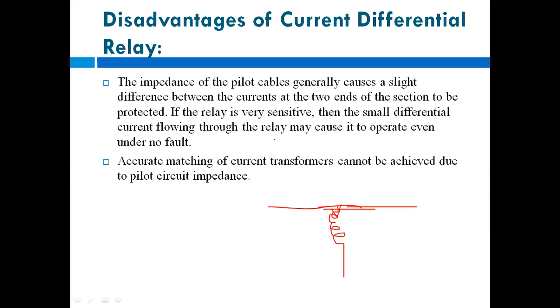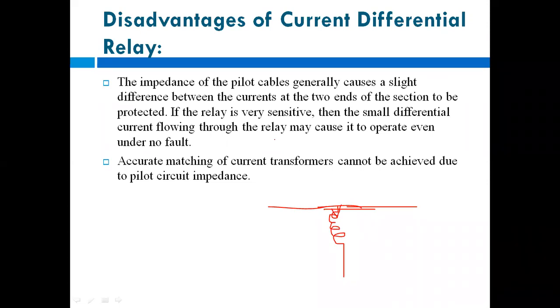But if any fault occurs, then current will flow through the operating coil.